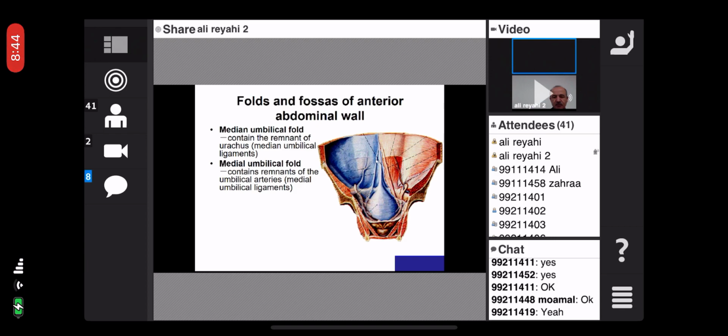Okay, you can see the median umbilical fold. The medial umbilical fold forms by coverage of the parietal peritoneum over the umbilical arteries. This is the remnant of the umbilical arteries.